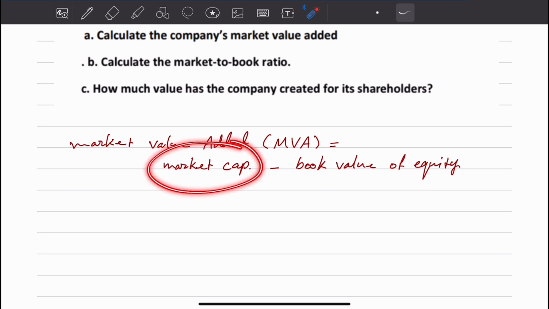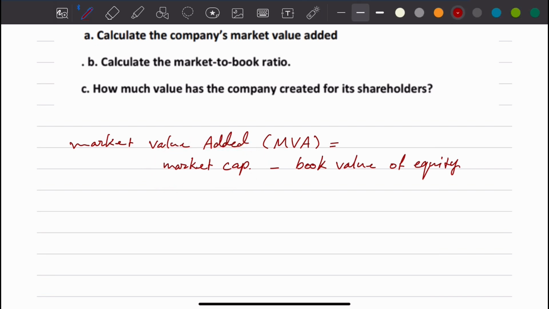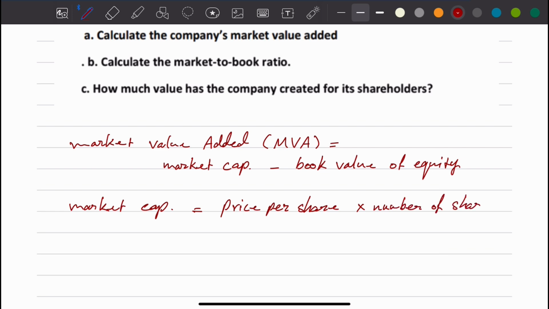This component of our formula has its own formula as well. Market capitalization, or market cap, equals the price per share multiplied by the number of shares outstanding.